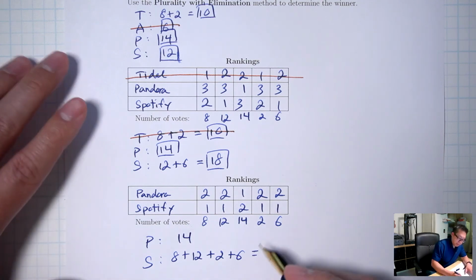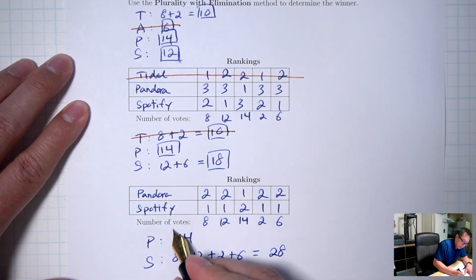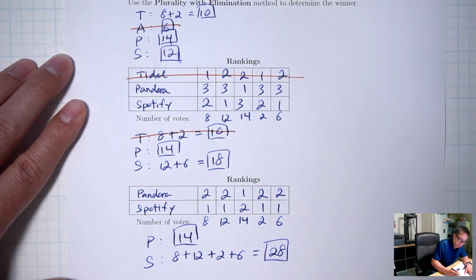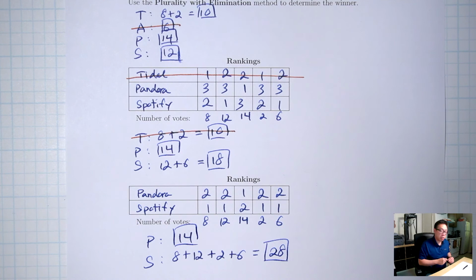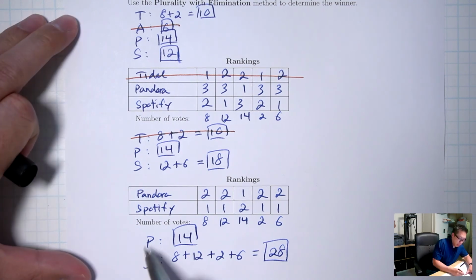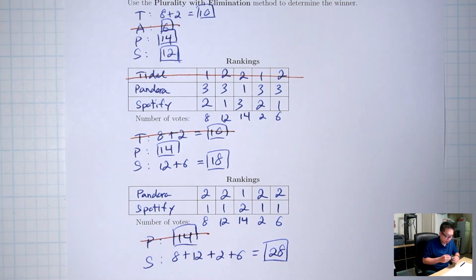It's 28. Okay, one last elimination. Who gets eliminated? Pandora gets eliminated, which means Spotify is the winner.